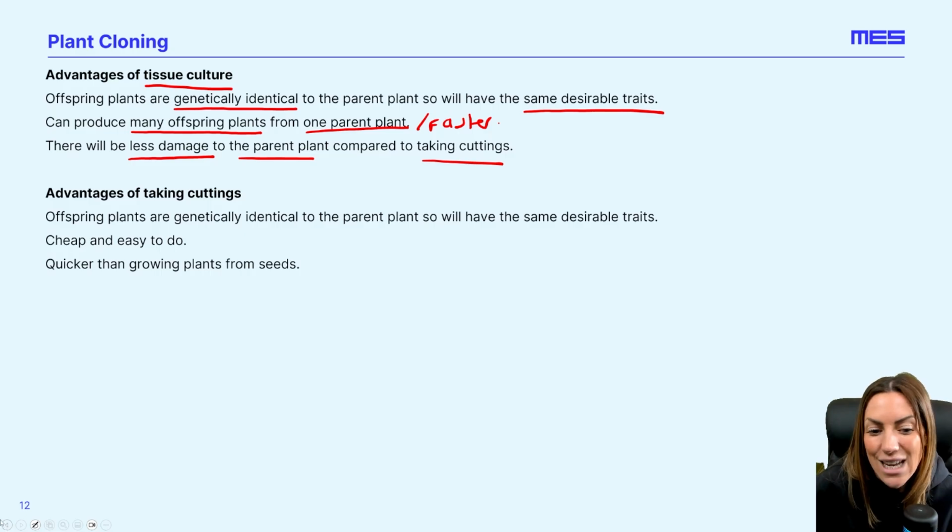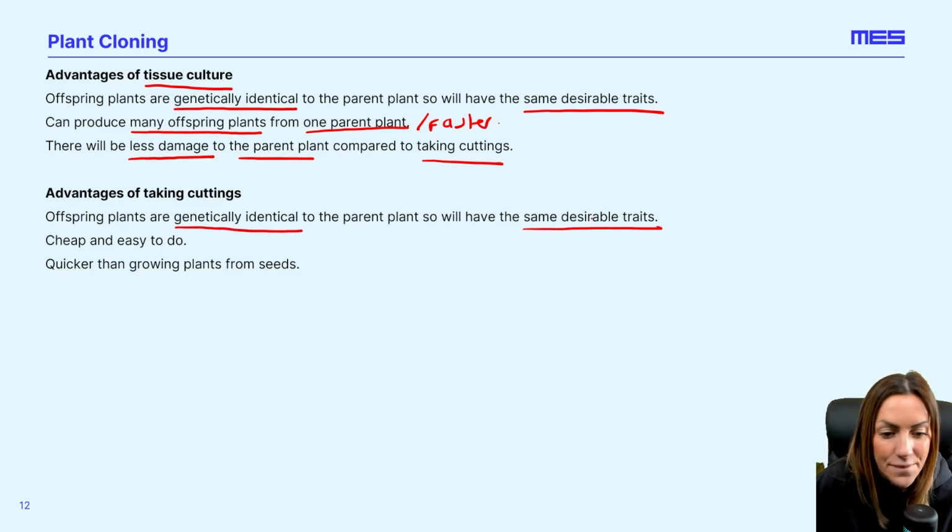If you think about taking cuttings though, what are the advantages of that? Again, same advantages with tissue culture in terms of the plants will be genetically identical to the parent plant. They will have the same desirable traits. It's cheaper to do, it's easier to do.